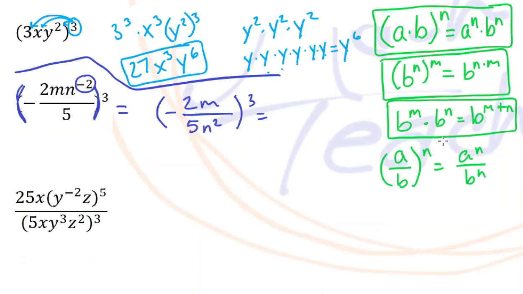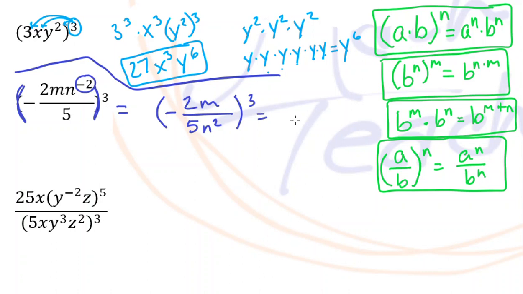So this is just the same as that first rule at the top of the page. It's just saying that the powers can be distributed to the numerator and denominator, the parts of the quotient, just like they are to the factors in a product.